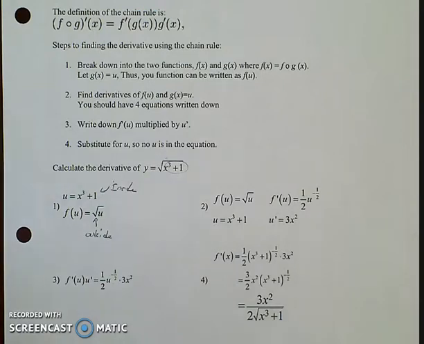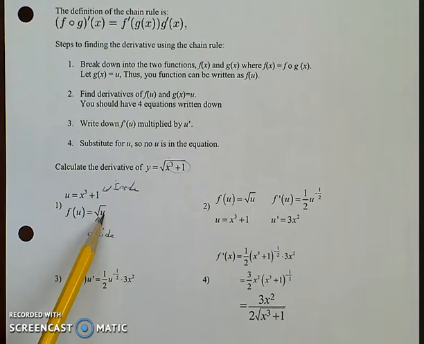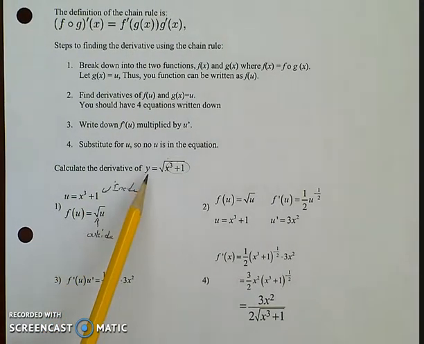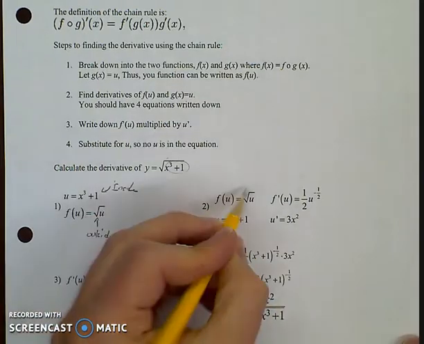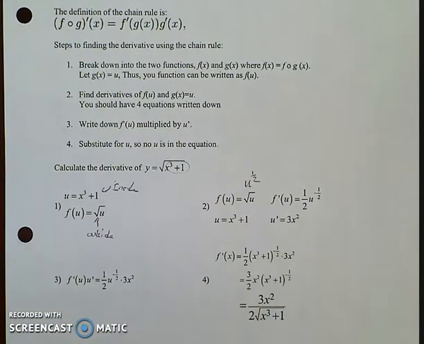And so when we look at that, if you plugged u back in, you would get what the original function f of x is, or in this case y. So we have each of them. We take the derivative of each of them. Remember that anything square root is u to the 1/2. And so we have the derivative of each of them.